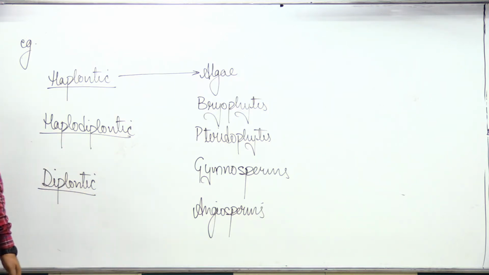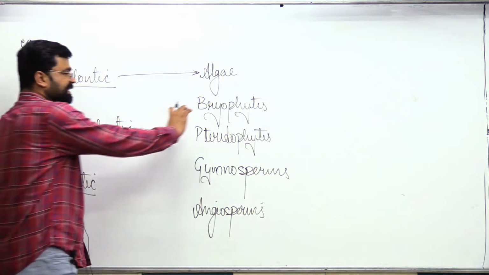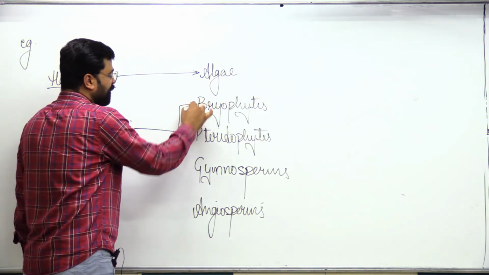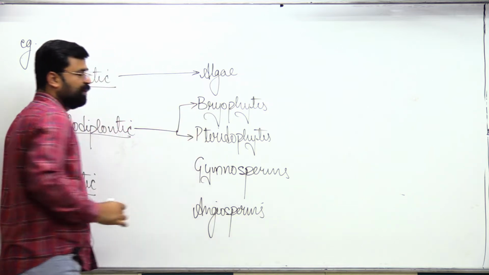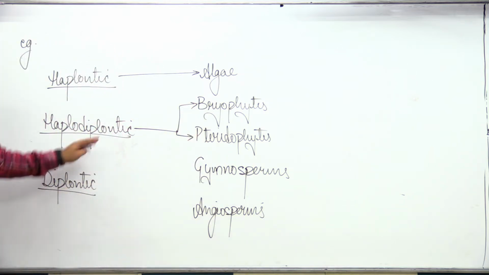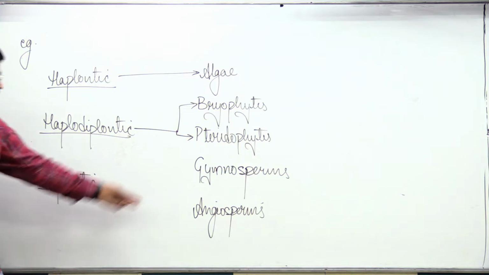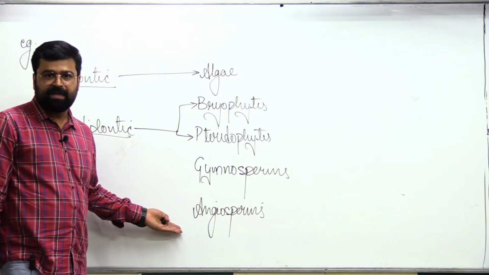In the haplodiplontic type of life cycle, these two, the middle two, Brio and Terido, are present. These two will show haplodiplontic type of life cycle. And the last, diplontic type of life cycle, Gymno and Angio.